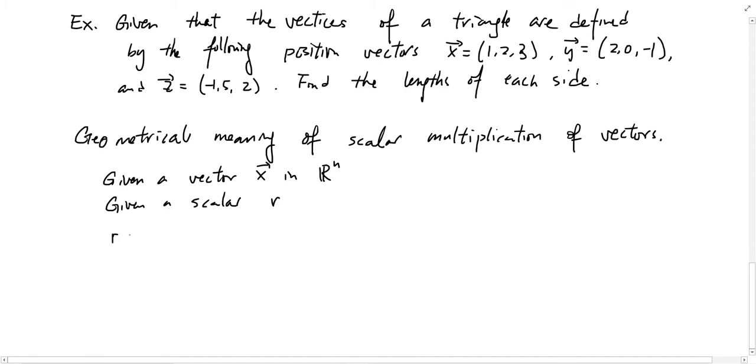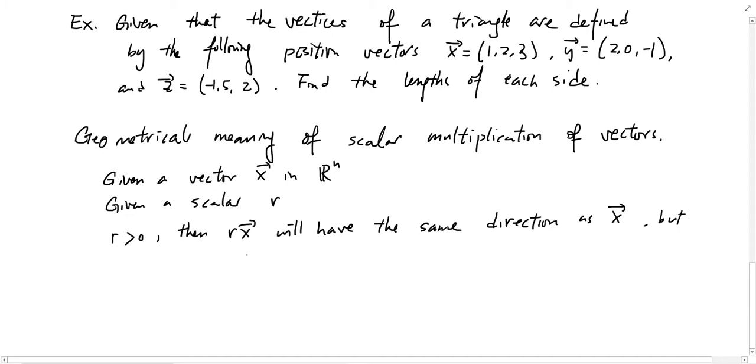Let's say if r is greater than 0, then r times vector x will have the same direction as vector x, but its length is multiplied by r.